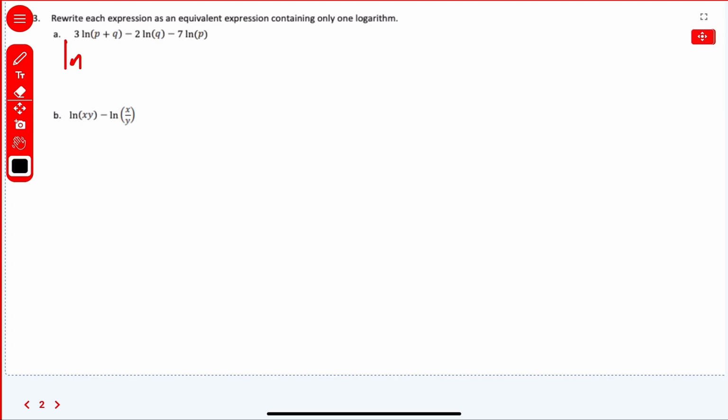So you would have something like ln (p plus q) to the third minus ln q squared, and then plus ln p to the 7th.